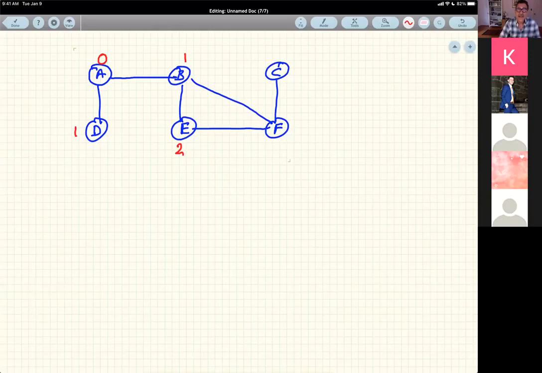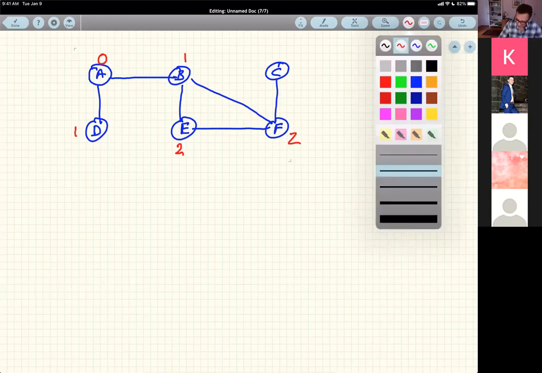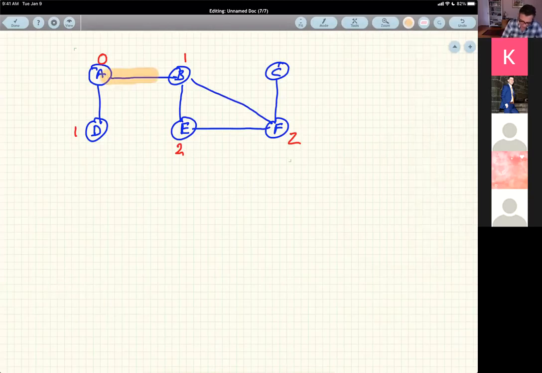And to get from B to E is a step of 1. Getting from B to F is also 2, right? Correct? Because going from A to B is 1, B to F is another 1, so the distance to F is 2. But if I take this other path, the distance from A to F is 3.